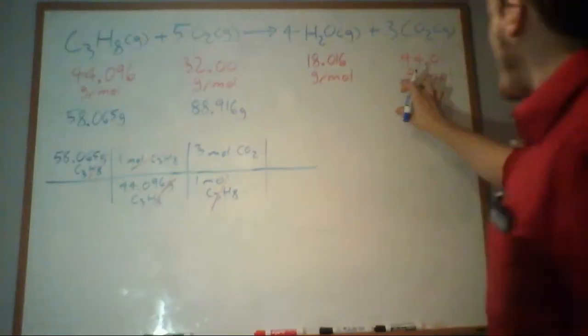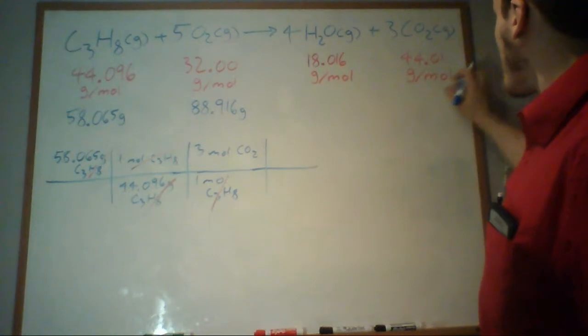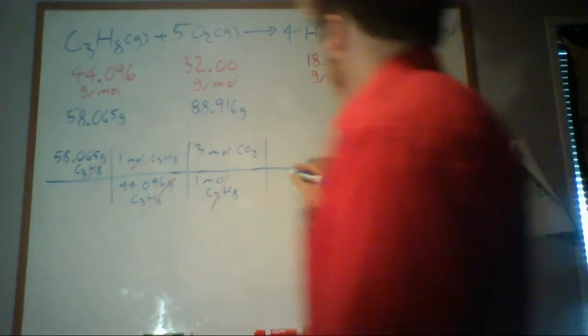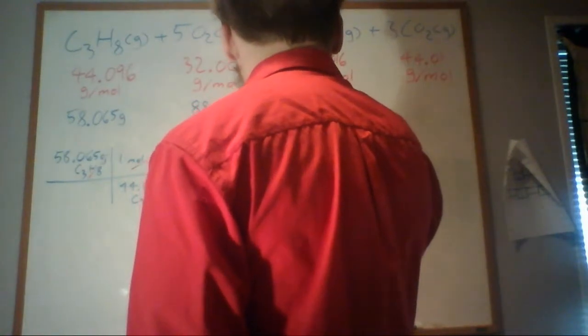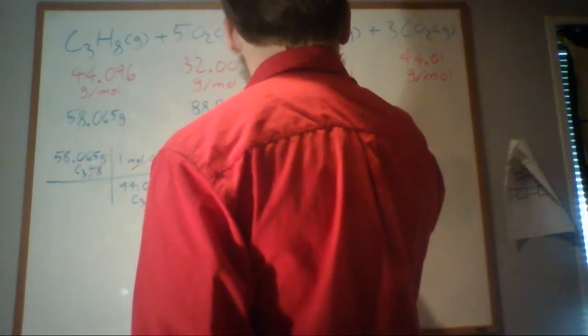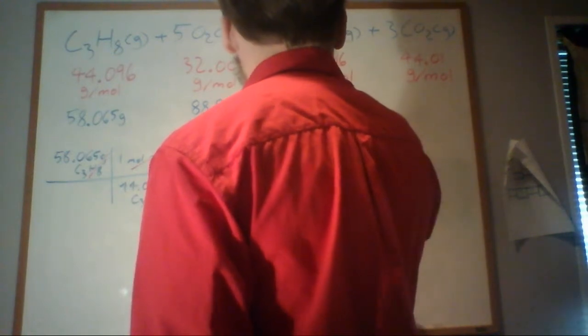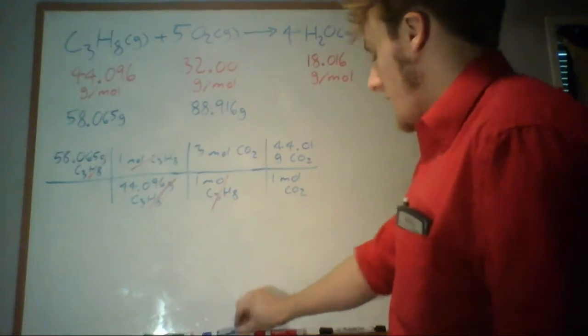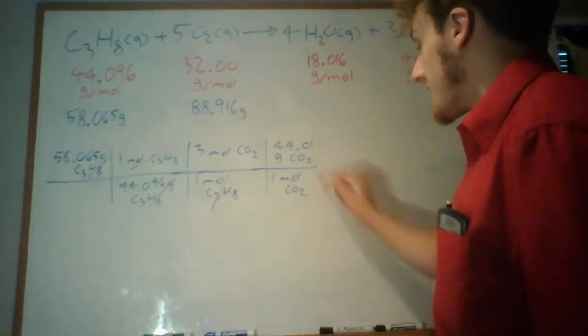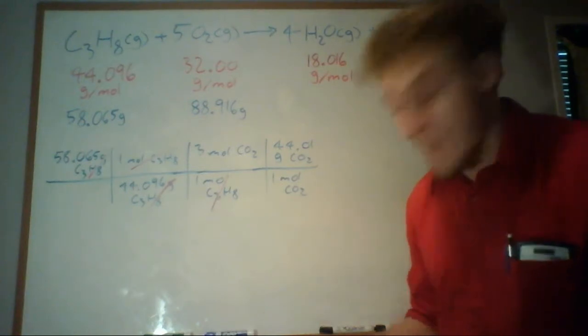So then we can say for 1 mole of CO2, we have 44.01 grams of CO2. We have moles of CO2 in the numerator here. It's in the denominator over here, so we can actually cancel that out.